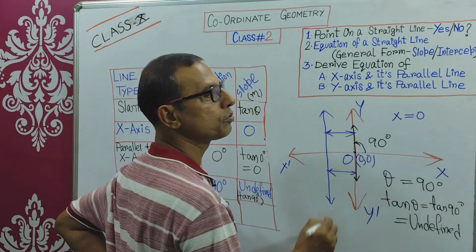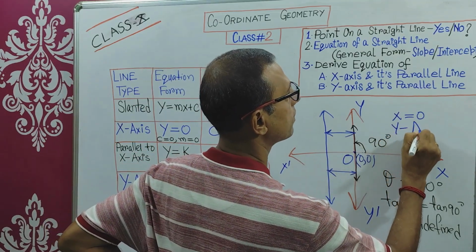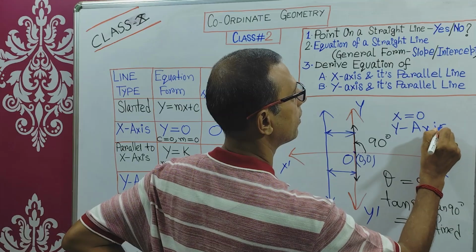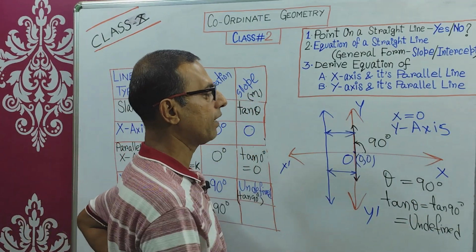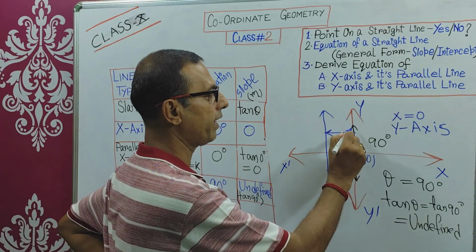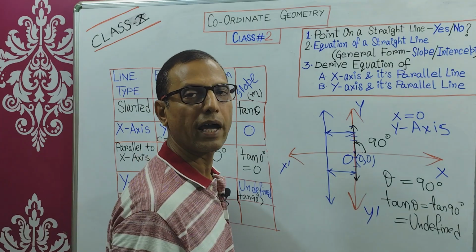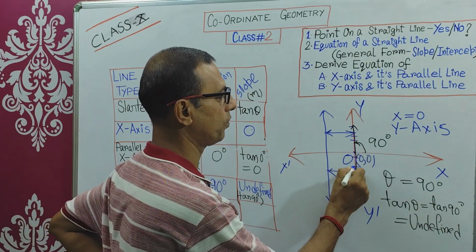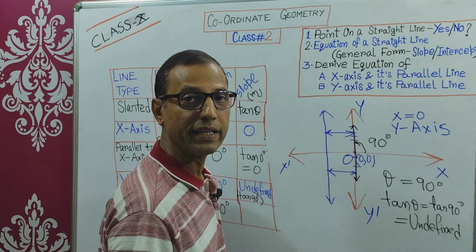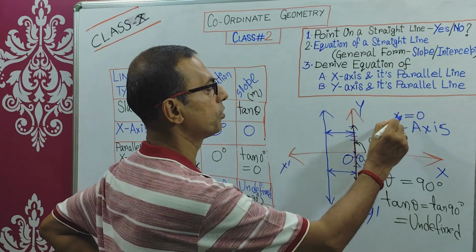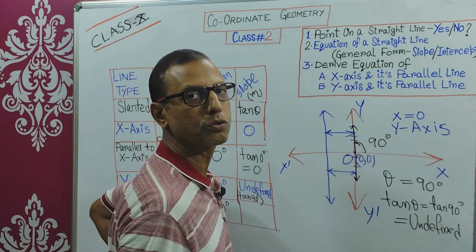So x equals 0 is the equation of the y-axis. The value of y at different points on the line is different, y is varying, but x is always 0. Therefore we express the y-axis as x equals 0.